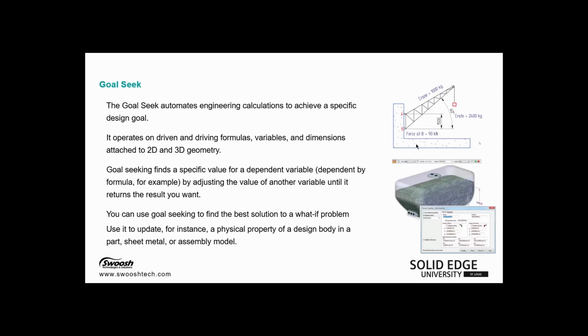And by adjusting the value of that variable, the system will arrive at the most efficient design. You can use goal seeking to find the best solution of multiple what-if problems. It can be used, for instance, to update a physical property of a design body or the whole assembly, and that's what we're going to take a look at today.